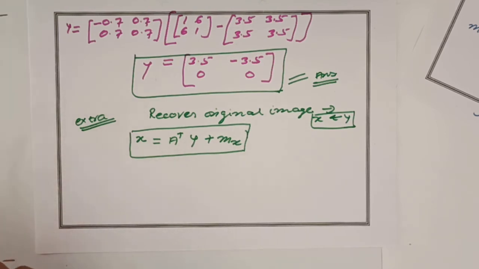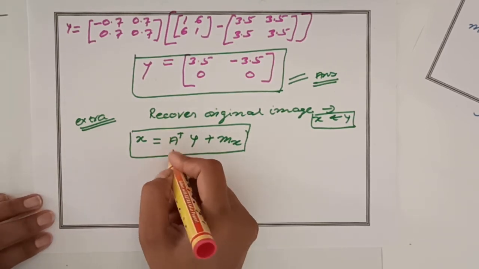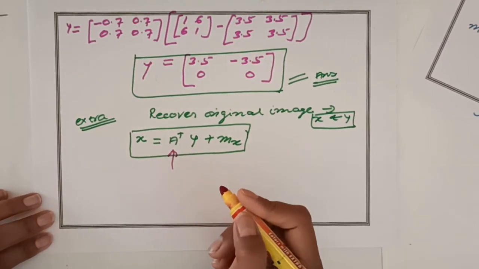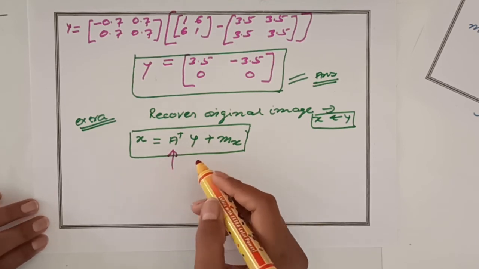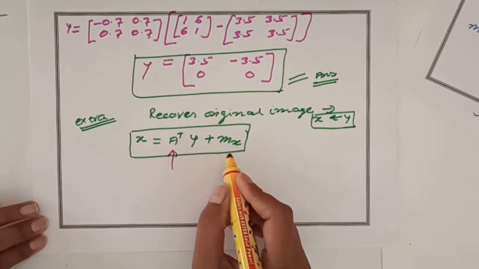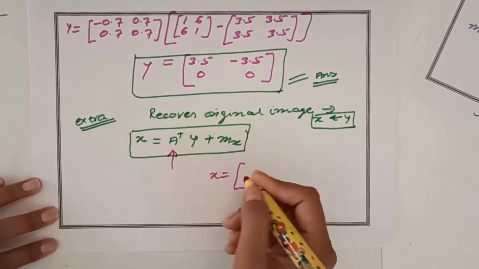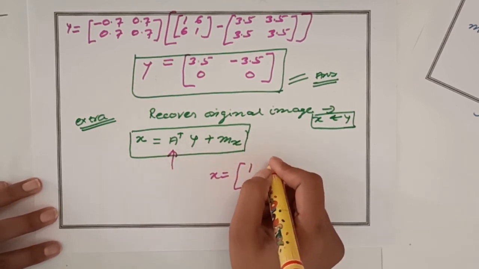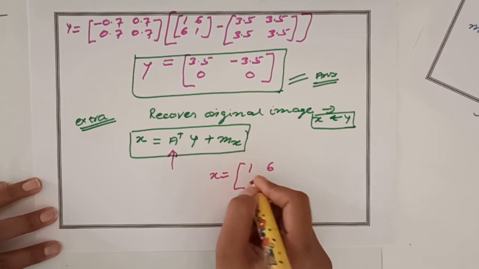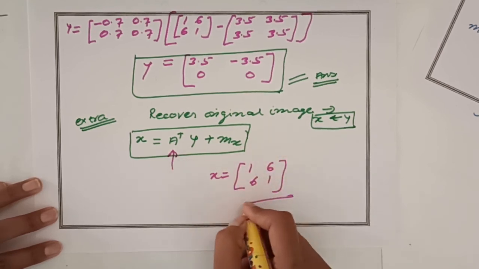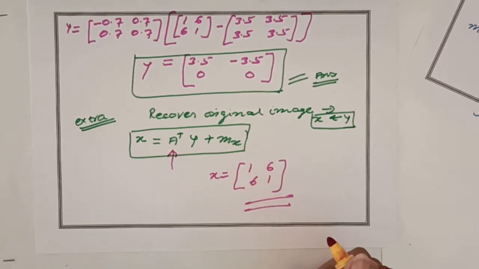Here also you can substitute all values. A transpose is interchanging the rows and columns of A. Substitute the value of y plus mx. You would be able to receive the original image. So you can check it after simplification. Definitely you would be getting it as 1661. So this is the way you can show that the KL transform works.